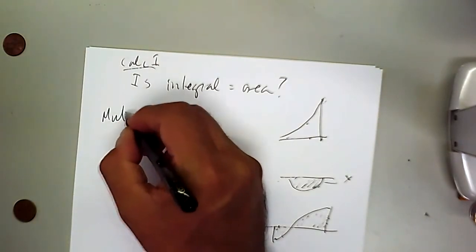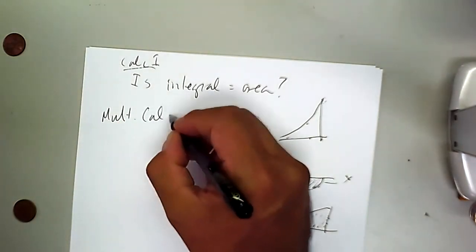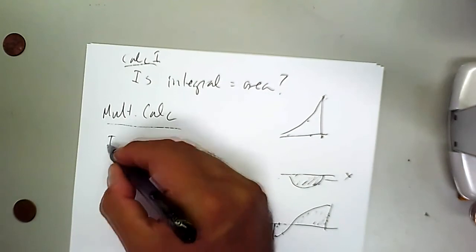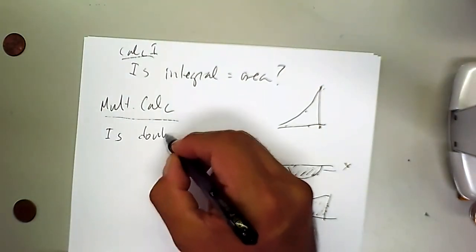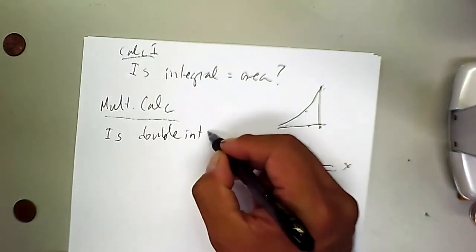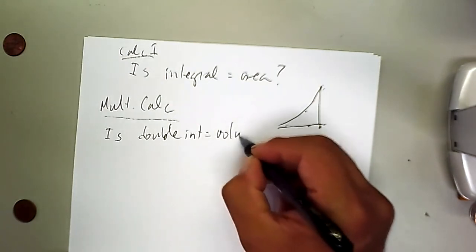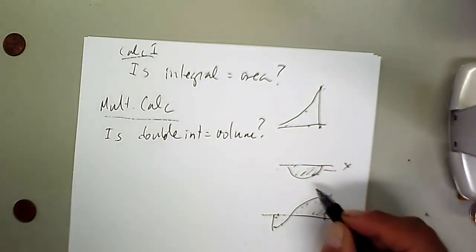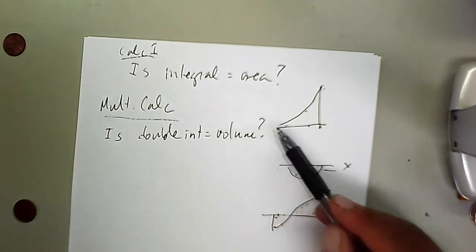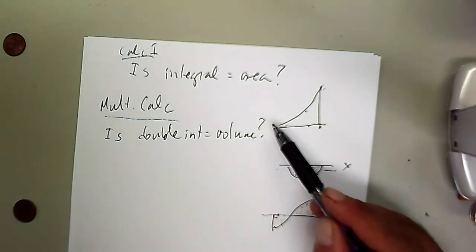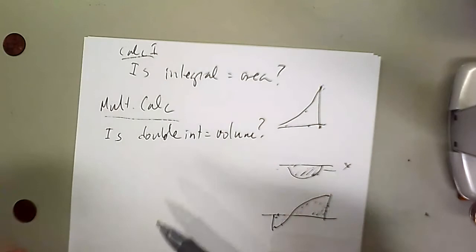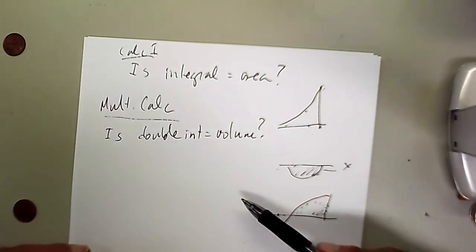With multivariable calculus, we have a similar question. Is the double integral equal to volume? And the answer is similar. It depends. If the function is positive, then yes, you get the volume under the surface.